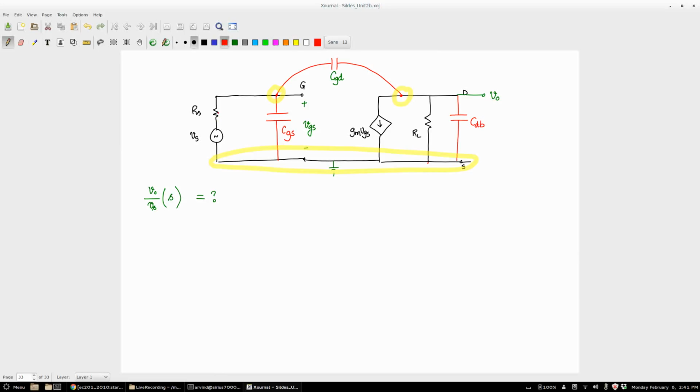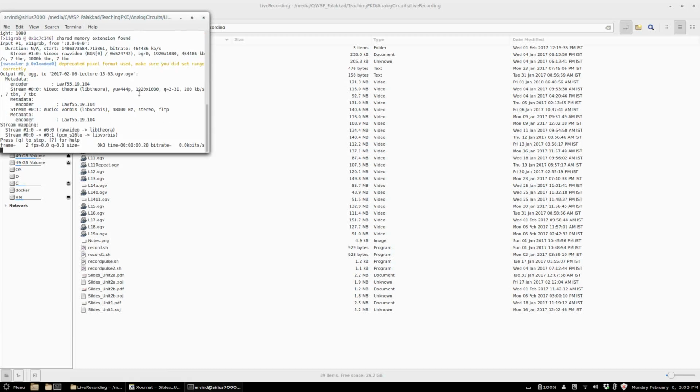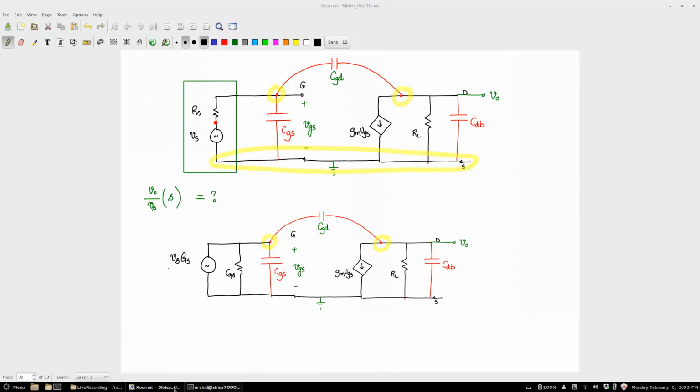One is the ground node. Don't let it scare you. So all of this is one node. Correct? The next node. There is one node. Okay, so in order to simplify this, as I said, there are 3 nodes.